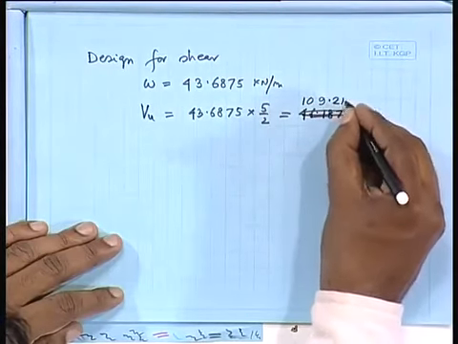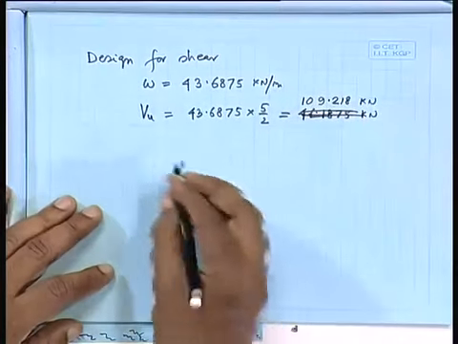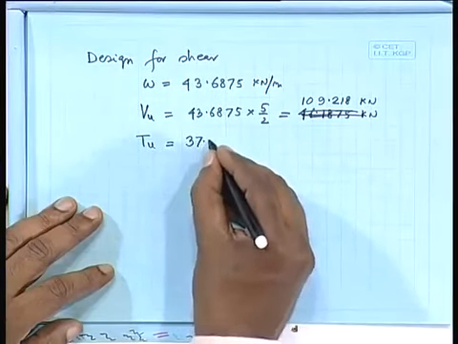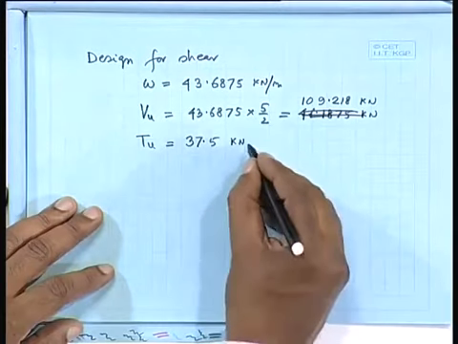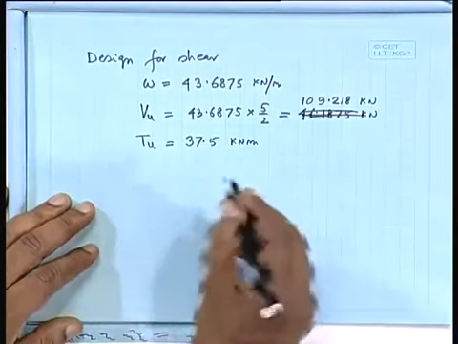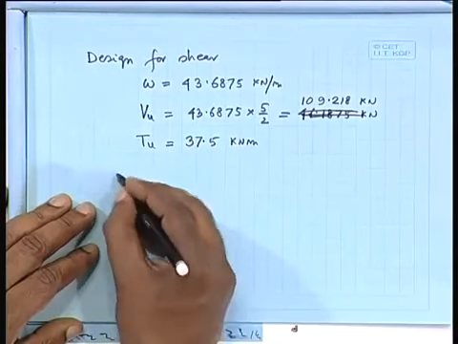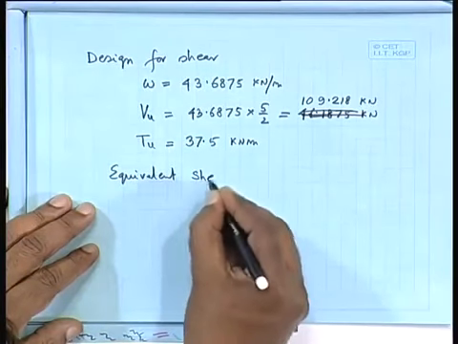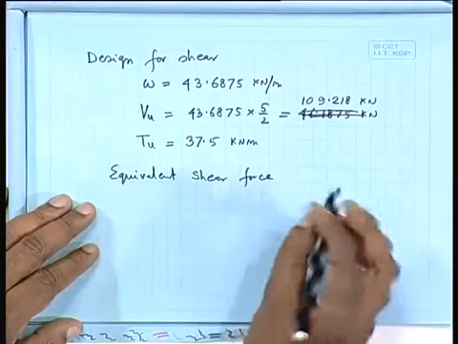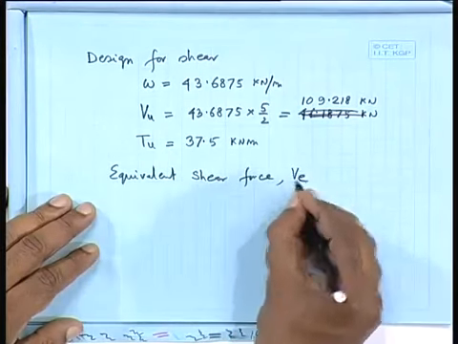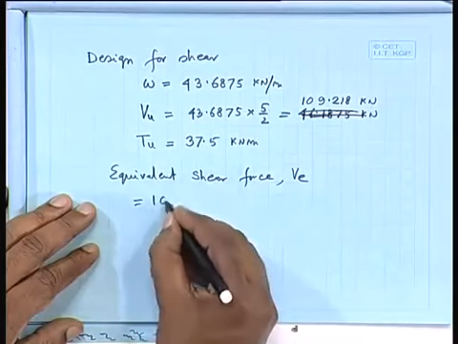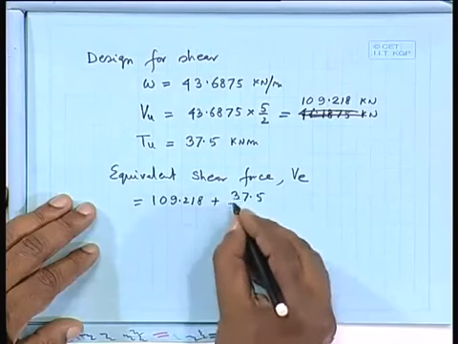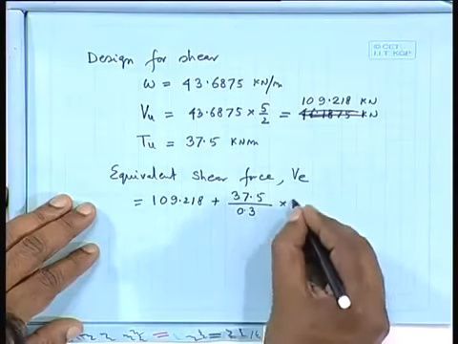So 109.218 kilonewton, and TU equal to the same one after multiplication of 1.5, that is 37.5 kilonewton meter, and equivalent shear force, that one will be VE equal to 109.218 plus 37.5 by 0.3 times 1.6.